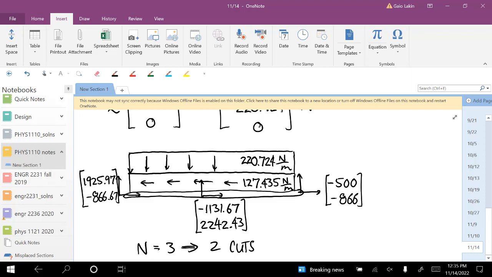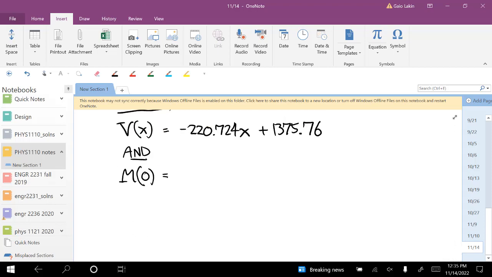Point couples are either a shown applied couple at that point, or more often a fixed joint that applies a couple to it. So there's nothing like that. So there's no point couple at the left end. Okay, so we know that when x is equal to 0, the bending moment has to be equal to 0.